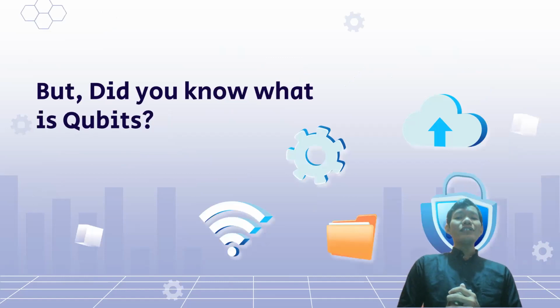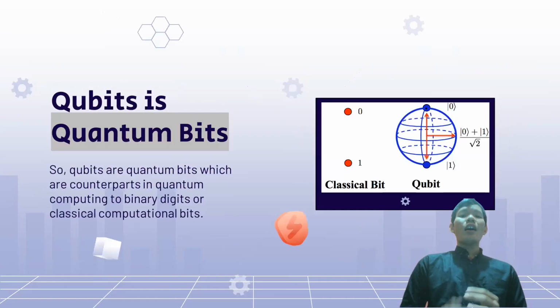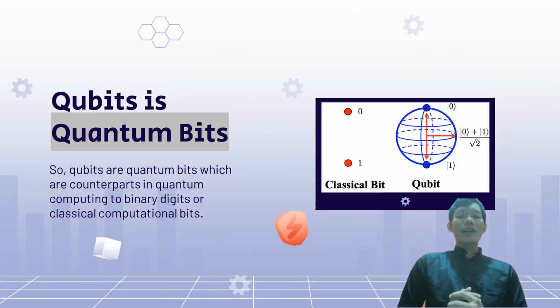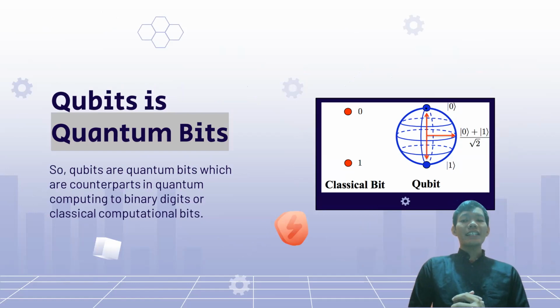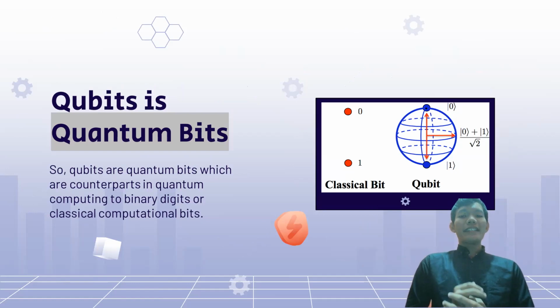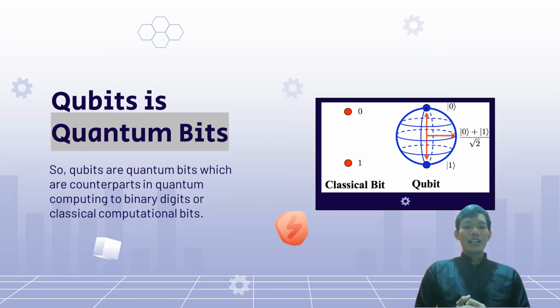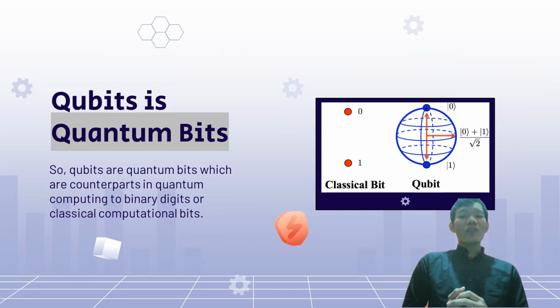But did you know what qubits are? Qubits are quantum bits, which are the counterparts in quantum computing to binary digits, or classical computing bits. Just as bits are the basic units of information in a classical computer, qubits are the basic unit of information in quantum computers.